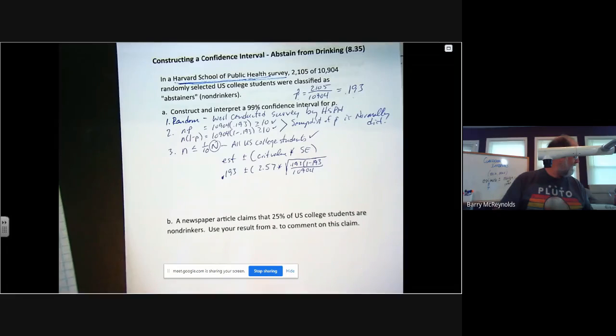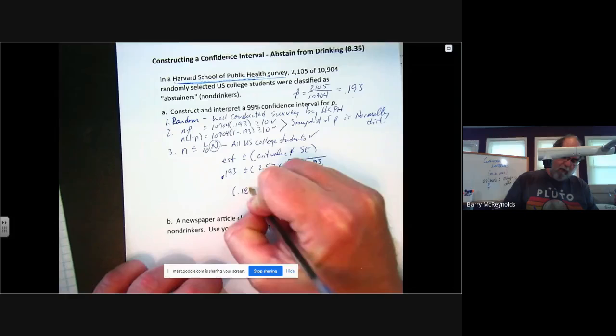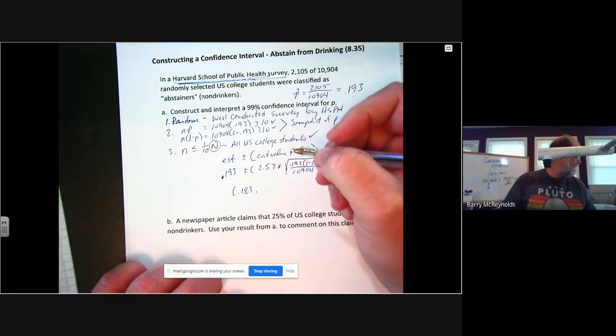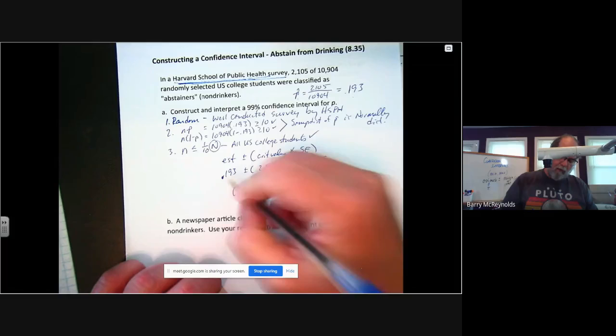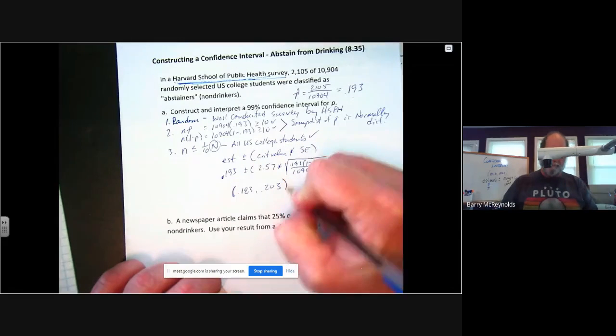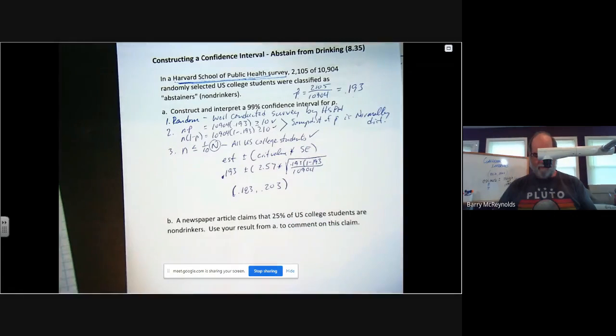And when we calculate that value, we get an interval of 0.183 to 0.203. So our confidence interval is 0.183 to 0.203 with 99% confidence.